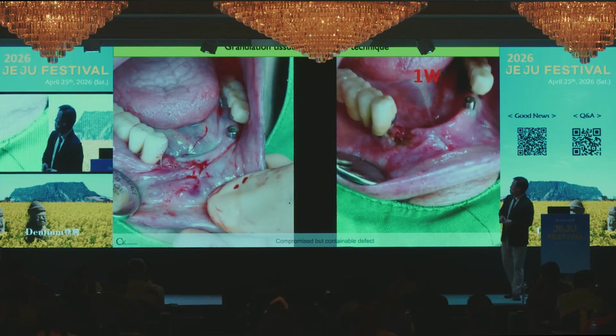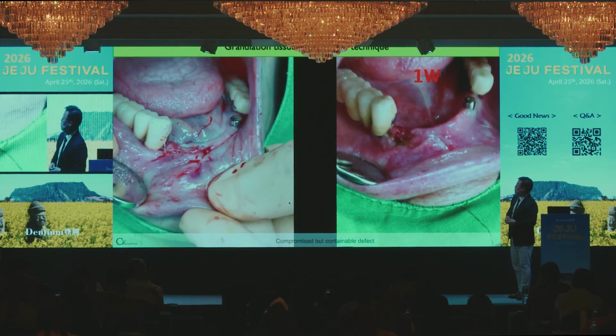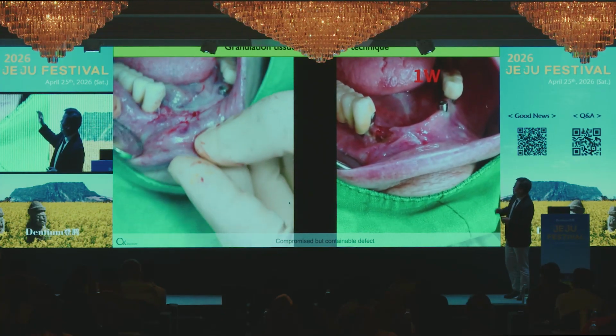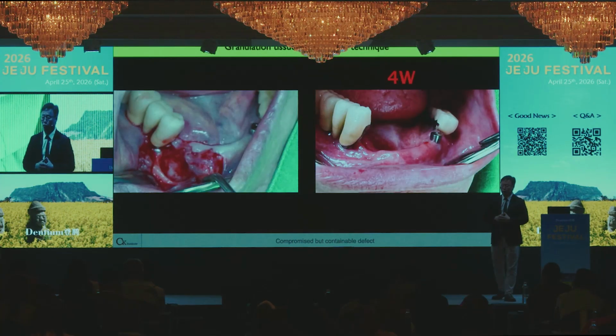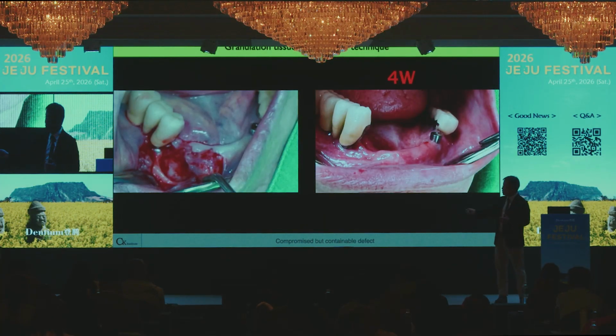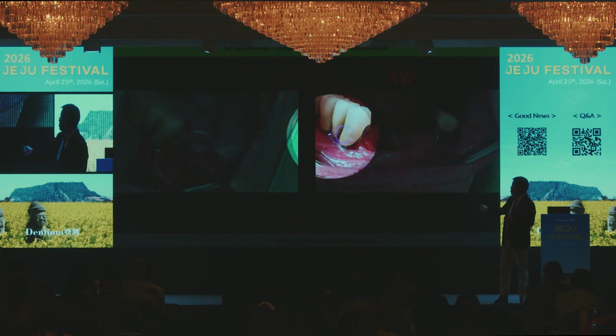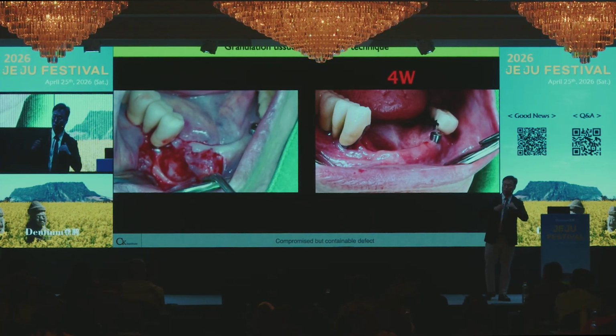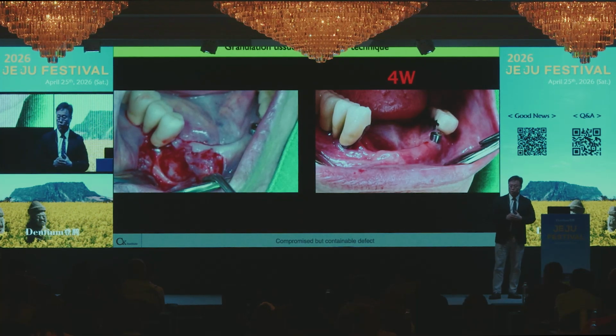After 1 week, the soft tissue healed, but a little unfavorably. However, after 4 weeks, we can see no soft tissue defect anymore, and it's a well-healed, covered ridge. We call this the granulation tissue preservation technique.